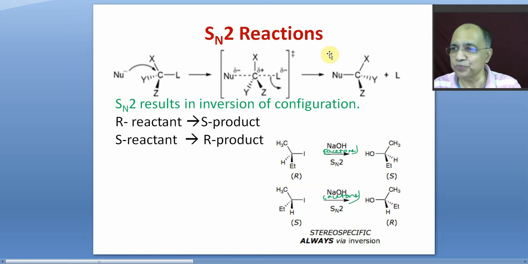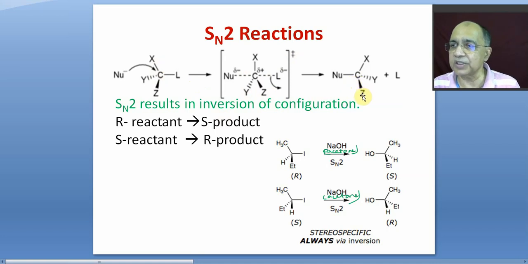See, SN2. I talked about SN1, which passes through a carbocation intermediate. This is SN2. There is no carbocation. This takes place in one step. The attack of the nucleophile takes place from the opposite side, from the back side or rear side of the leaving group, and it passes through a transition state and not an intermediate, and it flips to the other configuration.